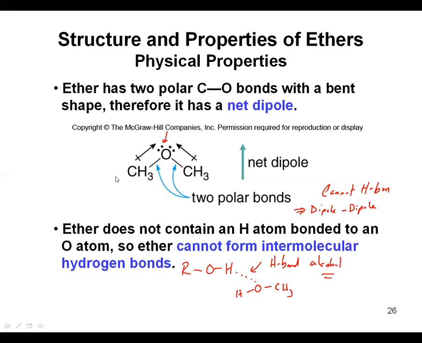They're going to have the lowest boiling points because they are using dispersion forces, which are those relatively weak forces. So in terms of boiling points, our alcohol would be the highest, our ether would be next, and our alkanes would have the lowest boiling points, because of those intermolecular forces.